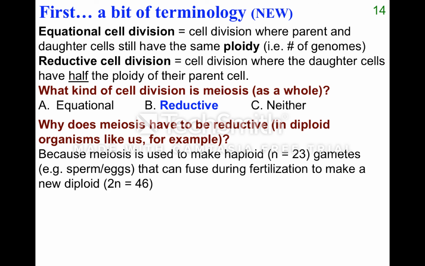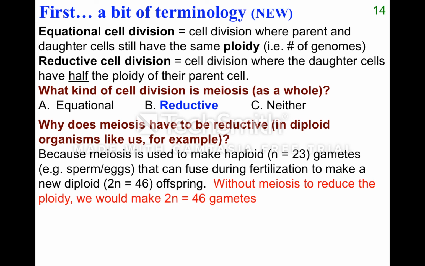If we didn't reduce the number of chromosomes in the gametes by half first, then every time we make gametes, we'd be making gametes with the full set of 46 chromosomes. And when we put two gametes together, we would get an offspring that has twice as much DNA as we do. That would keep doubling every generation, so that wouldn't really make sense.